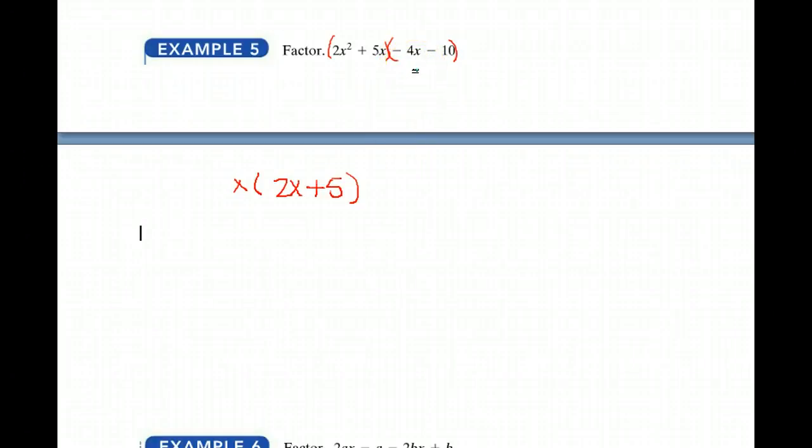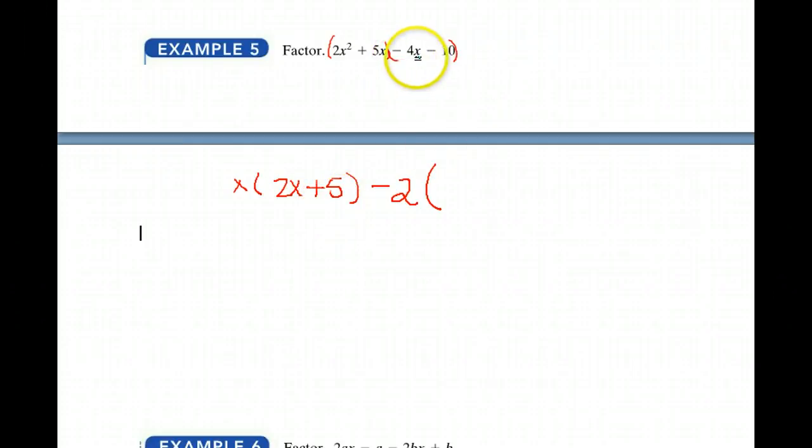Through division, the only way to turn a negative into a positive is to divide by a negative. So I'm going to have to factor out a negative number. Now, I can divide out a 2 from both of my terms. So if I factor out a negative 2, that should flip both of my signs to positive, and I should, in theory, end up with the same group as long as I've done my work correctly.